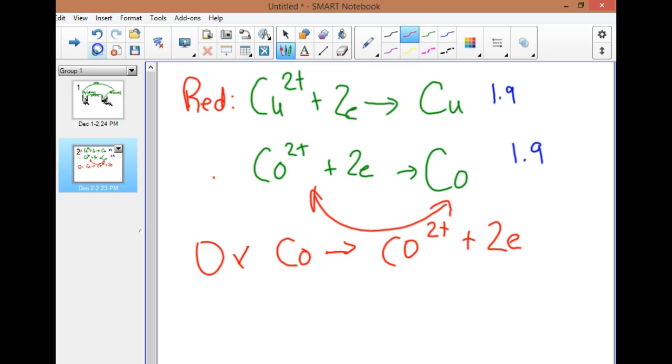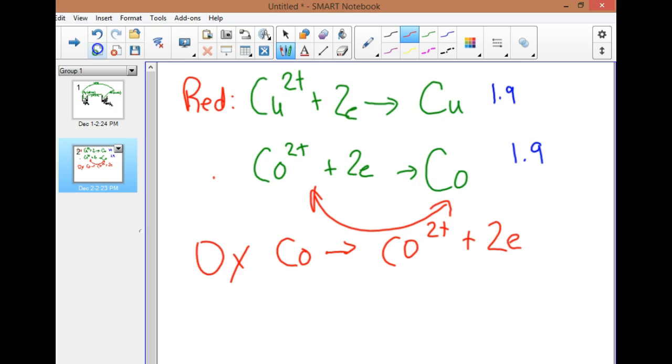And that is going to be the oxidation reaction. Something has to lose electrons in order for something to be able to gain electrons. You can't have two reduction half reactions going on in an electrochemical cell.